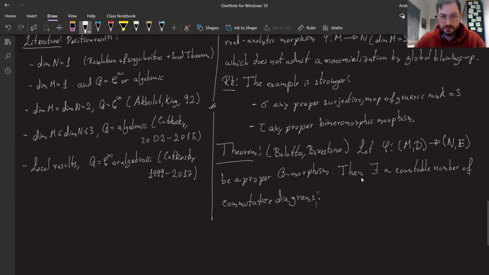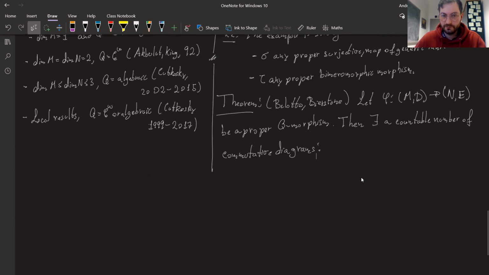And for once I'm going to just scroll down so that I have the full view in one slide. So we're going to have a number of commutative diagrams.